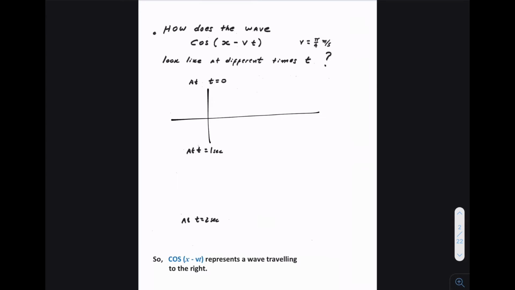The graph would look something like this. Here the axis marks are: this is pi, this is pi by 2, and this is pi by 4.